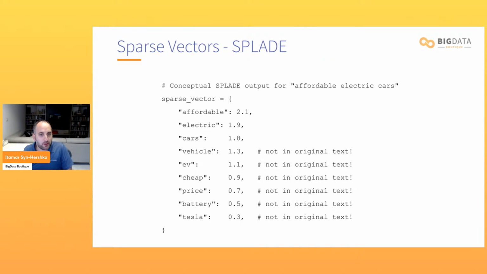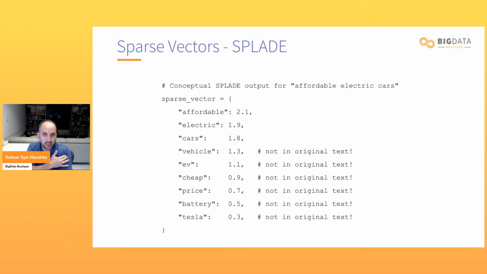There are some sparse vectors that are generated through some models that are still able to capture some semantic meaning one way or another. As an example, we have Splade. So Splade would take a text like affordable electric cars, which using the standard keyword search are not going to be matched based on those terms, because if I wrote cheap, I didn't write affordable, in the document, then the query is not going to find it.